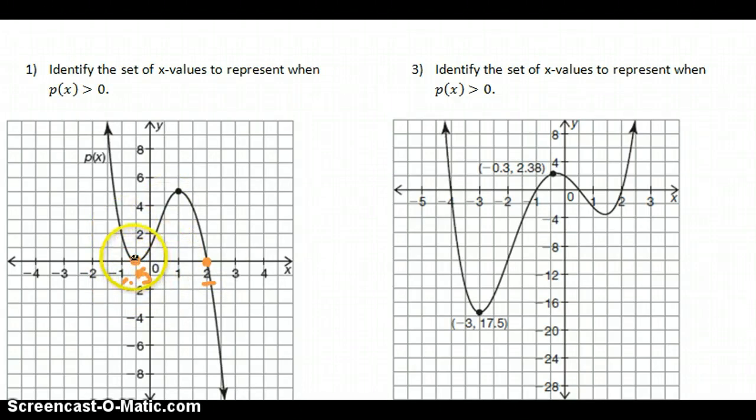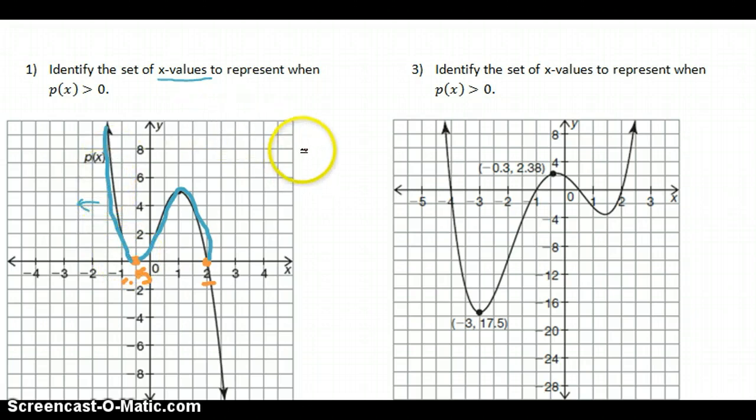And so when you look at the graph, it is above 0 right here, and the graph is greater than 0 in this section. The way that we write those solutions out is, again, always referring to the x values. What we did last chapter is we wrote it in interval notation. We recognize that the graph, going in this direction, is heading towards negative infinity.